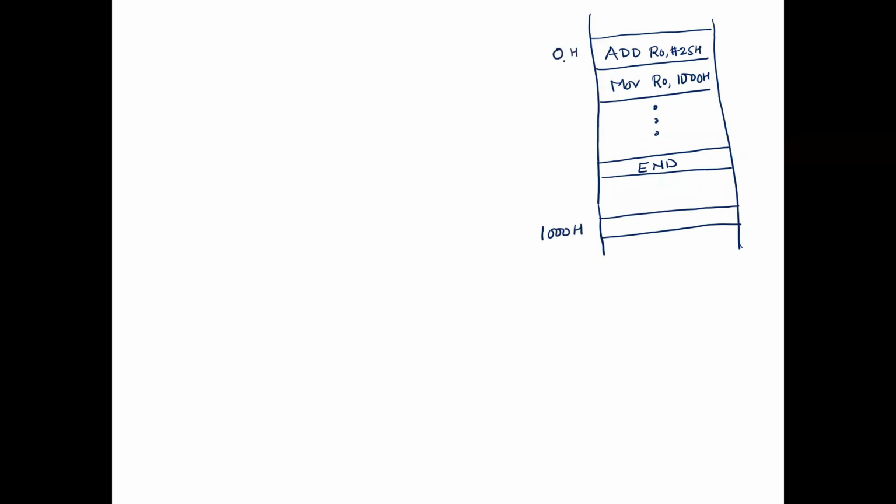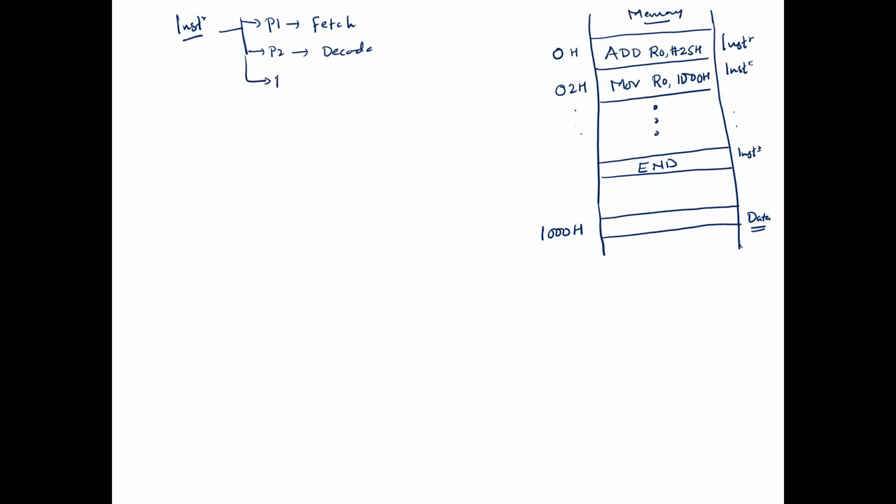If it is a 1 byte instruction, the next address is 1h, or if it is a 2 byte instruction, the next address will be 02h, right? And so on. Instructions will execute in 3 phases. Phase number 1 is fetch, phase number 2 is decode, and phase number 3 is the execution phase.